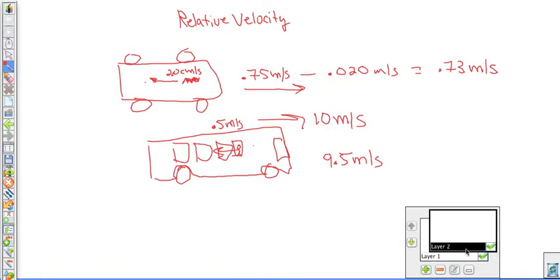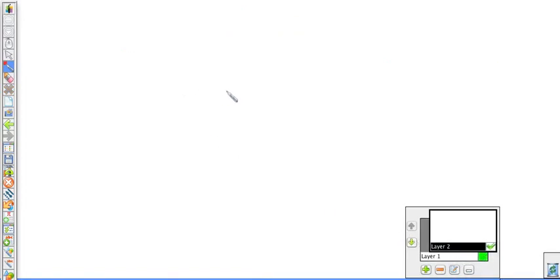Let's go ahead and do a more complex problem right here. Let's think about an airplane. So let's say we've got an airplane, and I'm going to draw an airplane. That is a sweet airplane. All right, so let's say that airplane is flying along, and it needs to continue flying along in this direction.